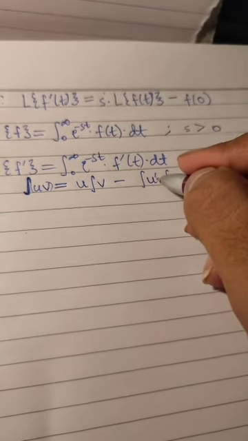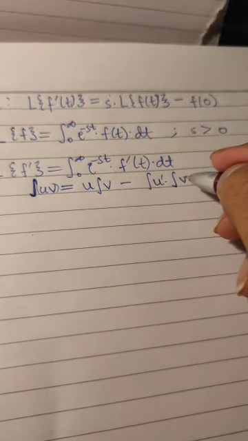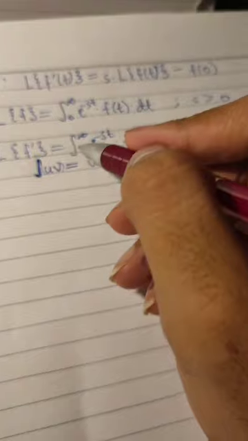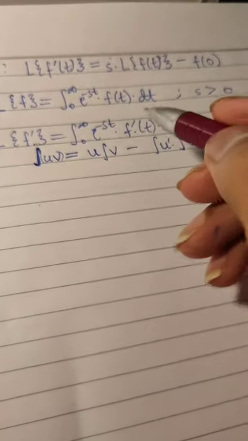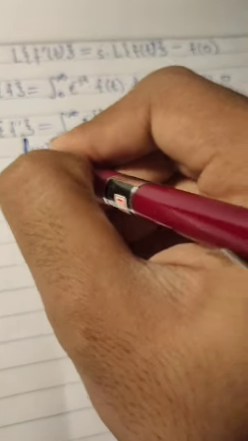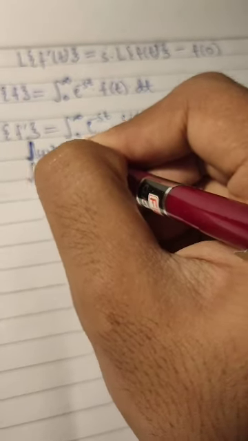But we have f dash here, so instead we say this is u v dash.